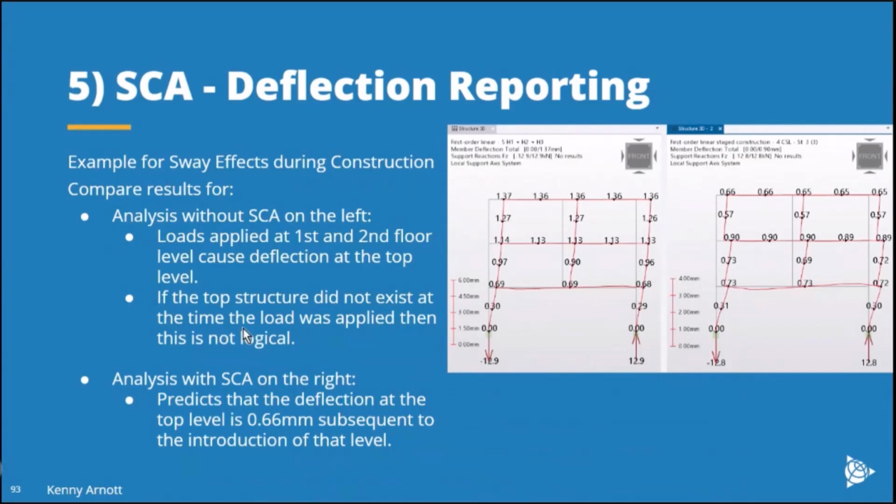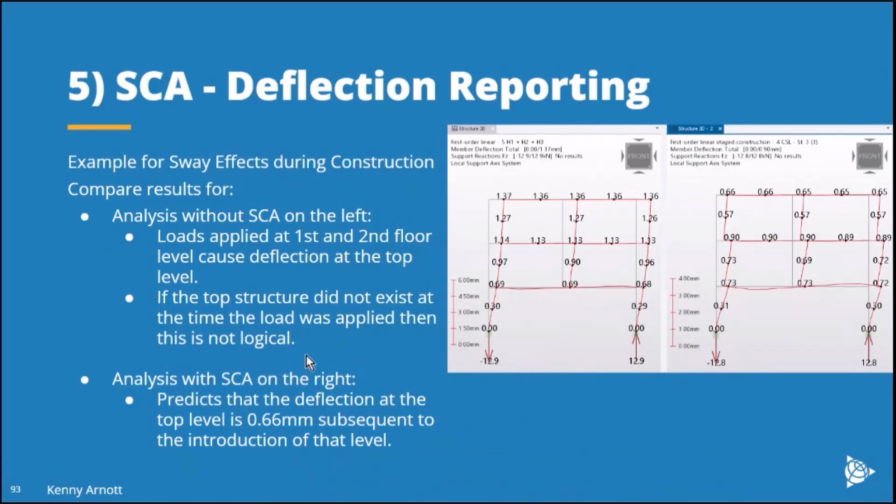And when we compare the results for stage construction analysis on the right with a linear elastic analysis on the left, you can see that this model's swaying over 1.36 millimeters at the top. And in this view, you're seeing the sway diagram with the step back. So the top of the structure is only moving over 0.66 millimeters after the point at which it was introduced.